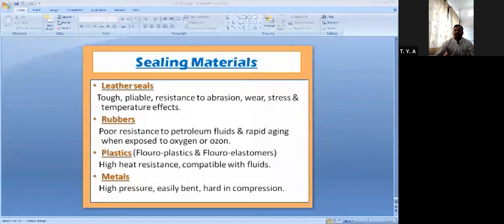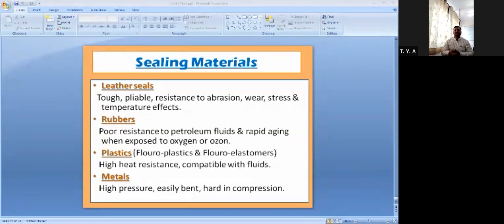Yes. Okay. Let us go to the next point, that is sealing material. As we know, we have different applications where hydraulic or pneumatic systems are used.